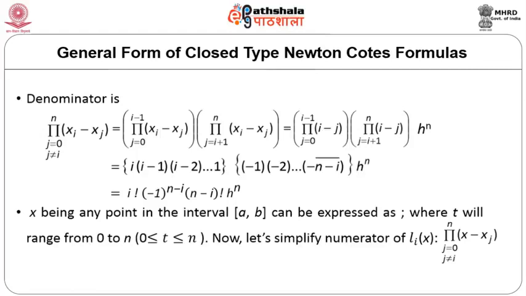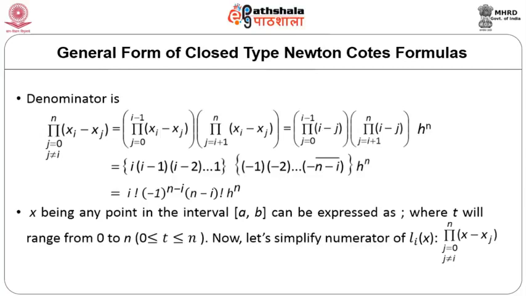Now the second factor, j is from i plus 1 to n, xi minus xj. Here j is i plus 1, so I get i minus (i plus 1), which is minus 1. The next term is j equal to i plus 2, so the next term is i minus (i plus 2), which gives minus 2, and so on.